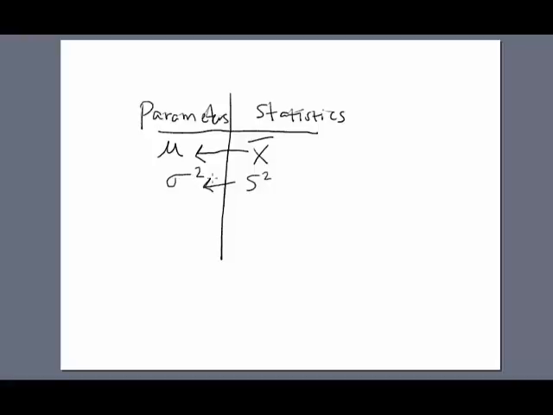Because we don't know what it is, we can estimate the population variance by computing the sample variance on our sample data. We may also want to know the population standard deviation, known as phi. Again, we can estimate that from our sample data by calculating the sample standard deviation.